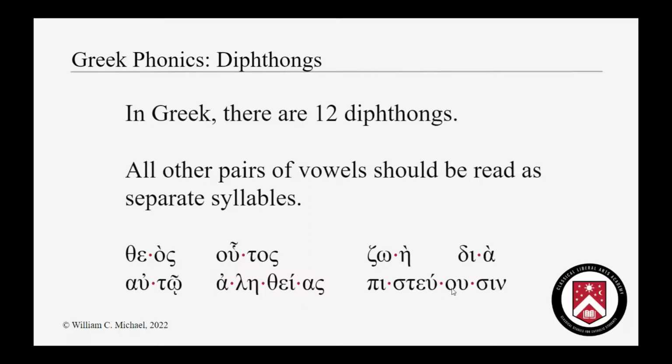Omicron, upsilon also form a diphthong, so they're kept together and treated as a single vowel sound. So we read pi, steu, u, sin, with two diphthongs.